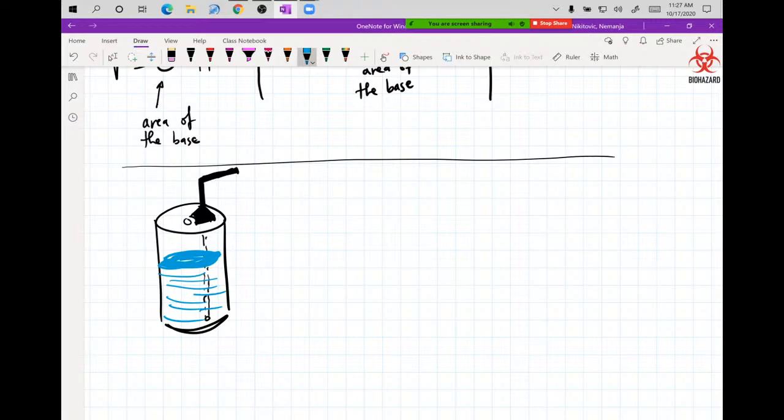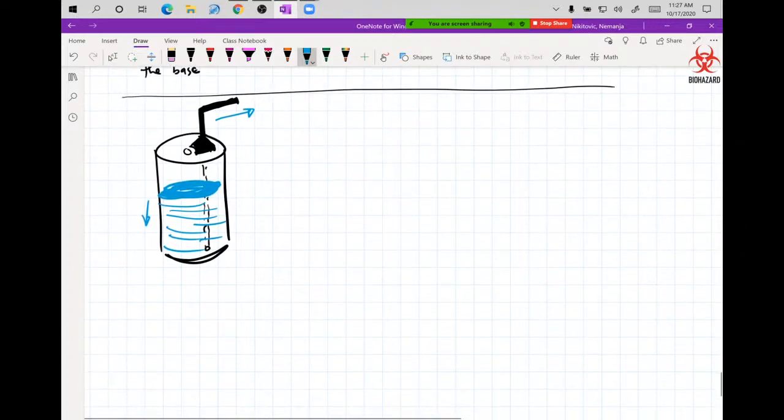When you take a sip, the liquid goes down. That should not be a new concept.